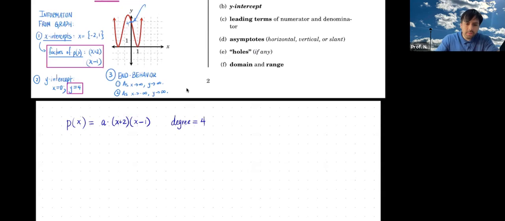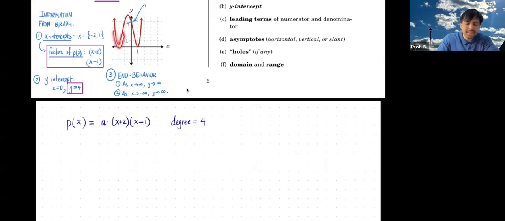And not only that, if you notice, at the x-intercepts, this is a situation where the graph doesn't cross the x-axis, it just bounces back. Remember, what must it mean for a graph to bounce back at the x value that it touches on the x-axis?